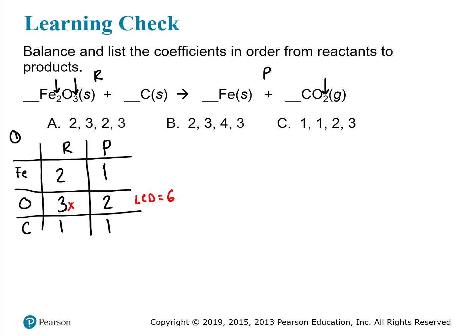To get to 6 on the reactant side, we're going to place a 2 in front of the compound that has oxygen. To get to 6 oxygens on the product side, we're going to place a 3 in front of where we see oxygen. Notice that I did not change the subscripts.